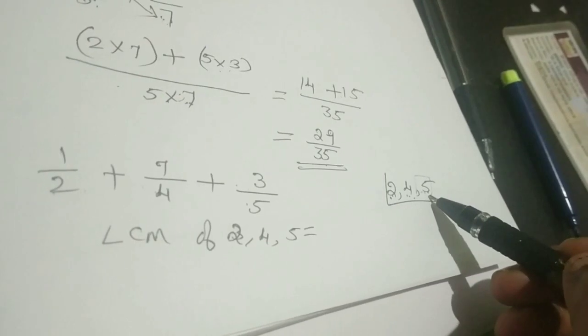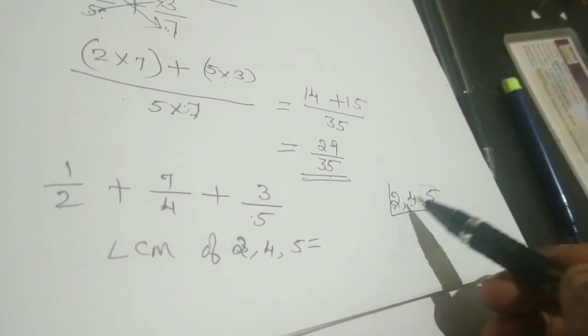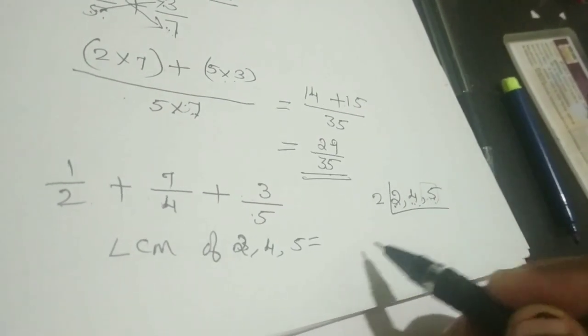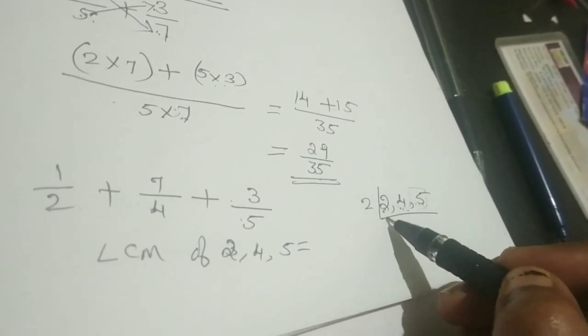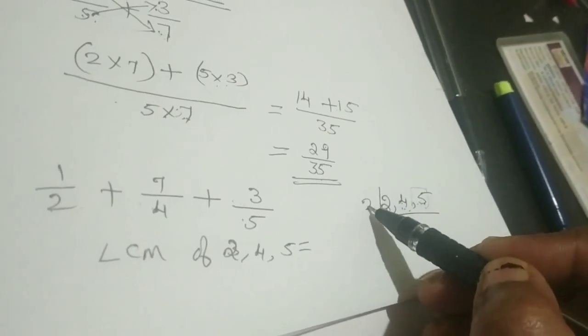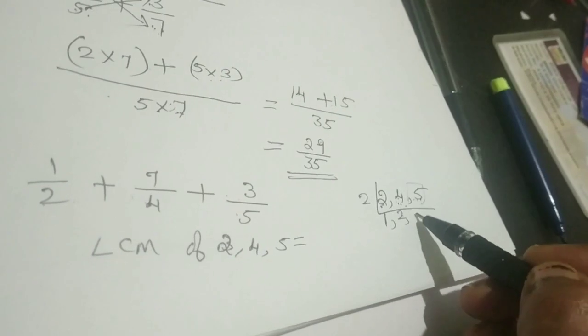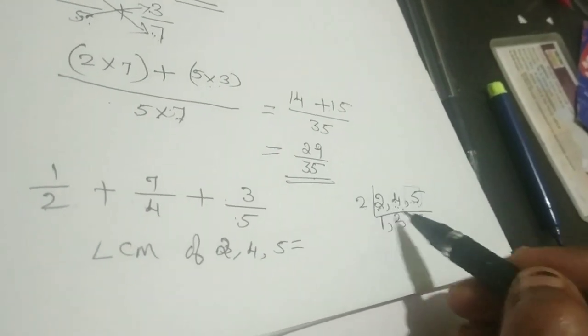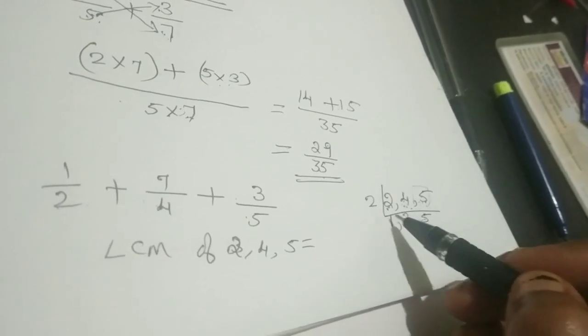2 and 4. For 2 and 4, 2 is the common factor. We can divide 2 by 2, that is 1, then 4 divided by 2 is 2. So 1, 2, 5. If there is no multiple, we have to write down the same number.